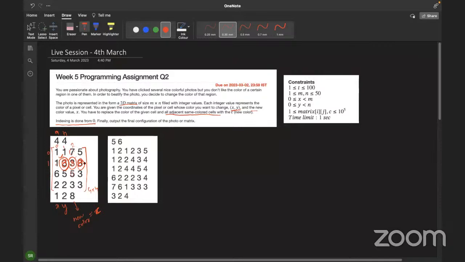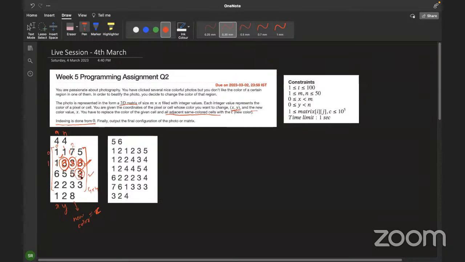But if you look at this cell, you will see all the adjacent cells: this 5, this 8, and this 3. Now you see that this 3 is the old color. So we have to change the color of this 3 to 8. Then again, we repeat this process for this one also.